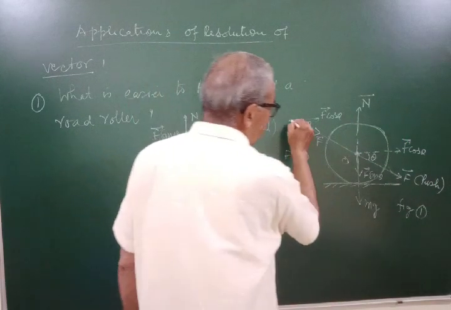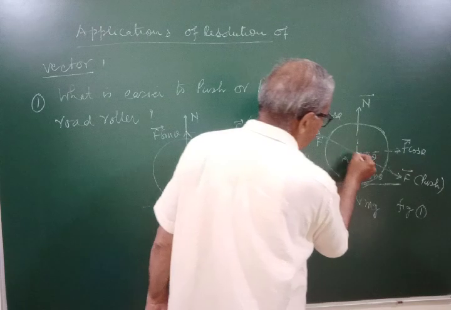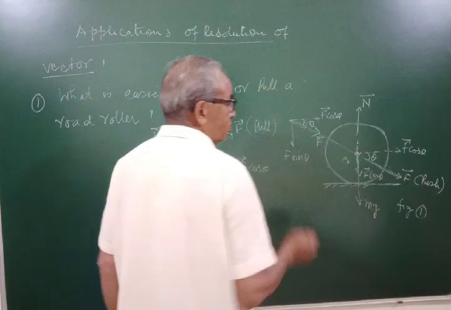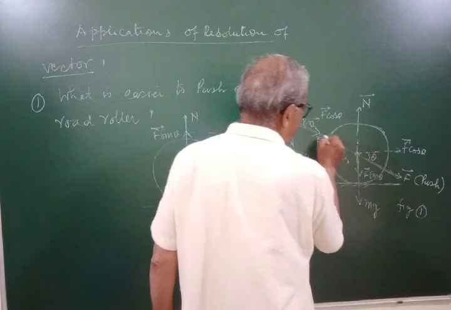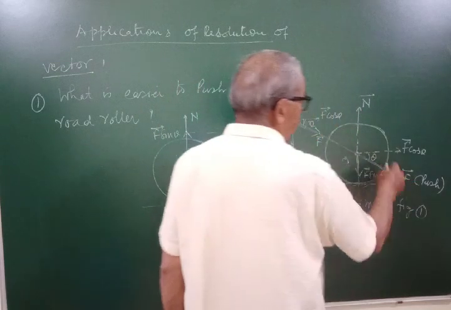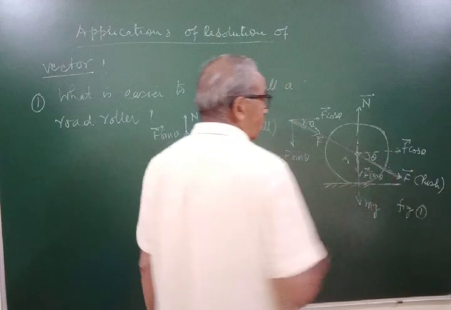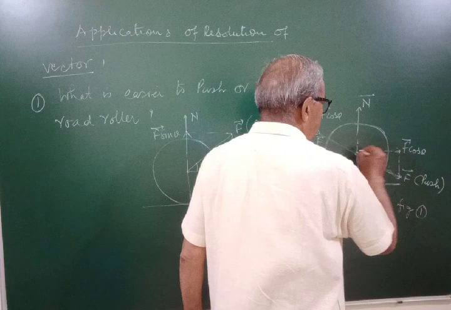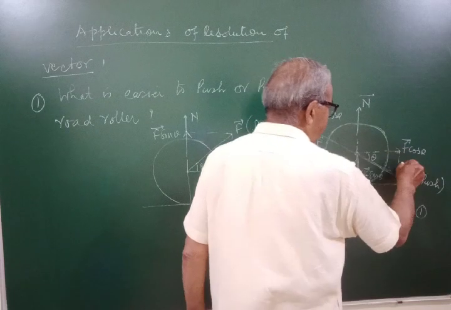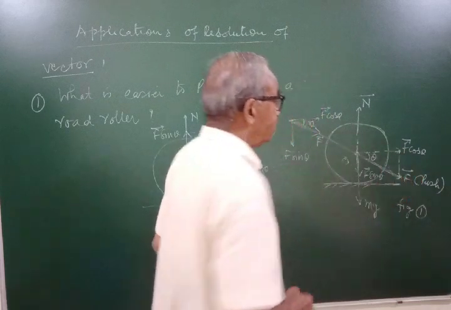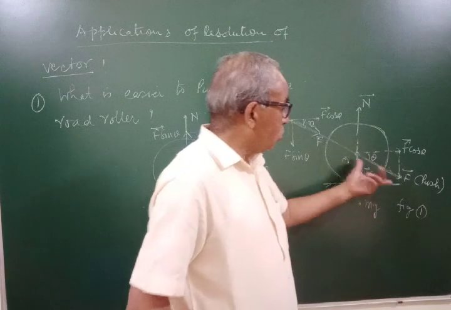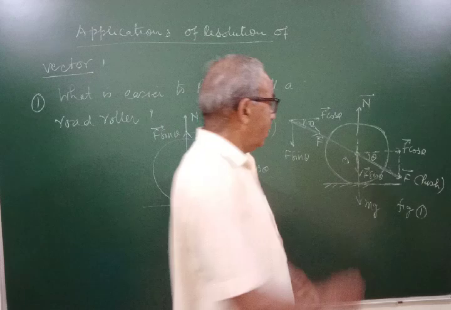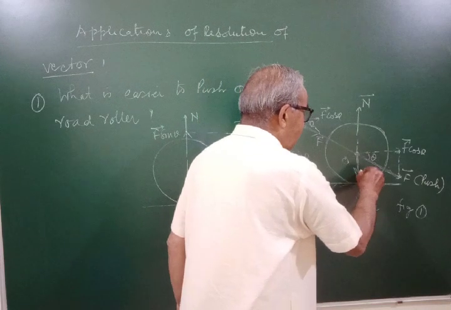We are pushing by force F, making angle theta with the horizontal. The line of action of the force passes through the center. We can resolve F into components. If we draw a perpendicular here, this is the base, this is the perpendicular, and this is the hypotenuse. Base upon hypotenuse is cos theta, so this component comes out F cos theta, and this one comes out F sin theta.